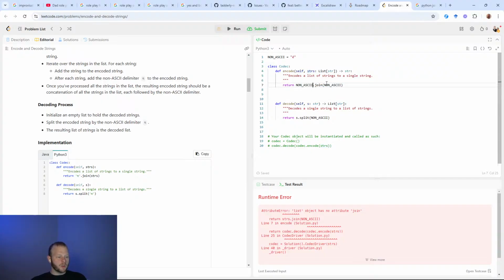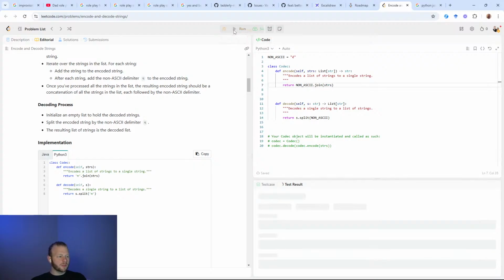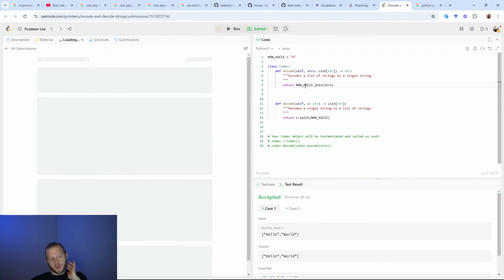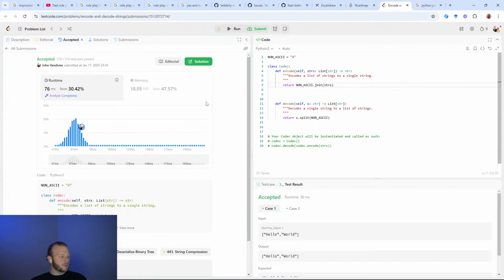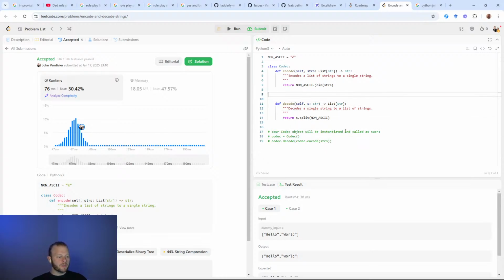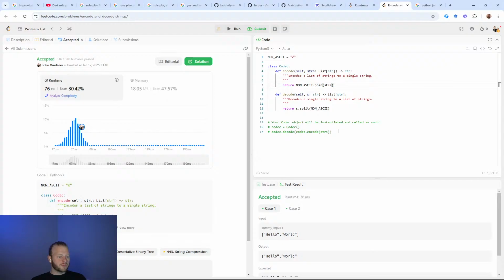Okay, I just got the order wrong. Dyslexia is a pain. I mean, I don't have dyslexia, but if you have dyslexia, it's going to be a pain for LeetCode. Okay, this is fine. It's like a trivia problem, but hey, LeetCode is like that sometimes. This is probably useful trivia to know. All right.